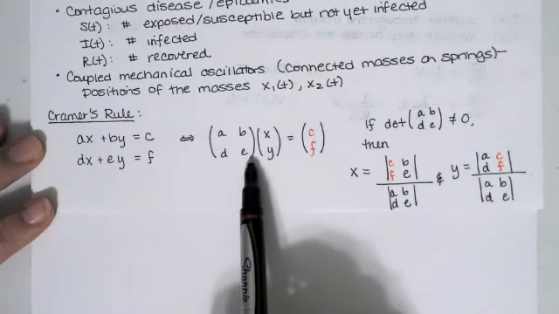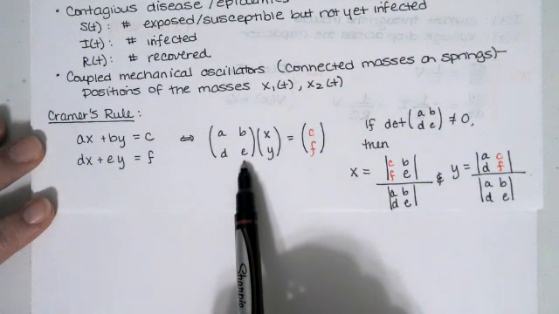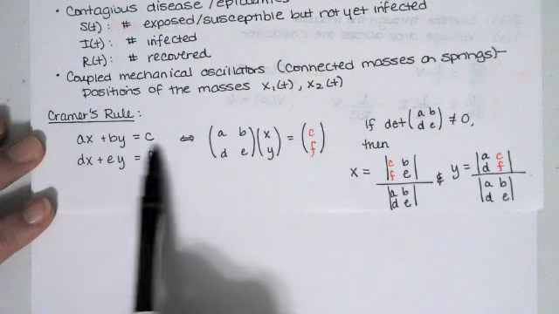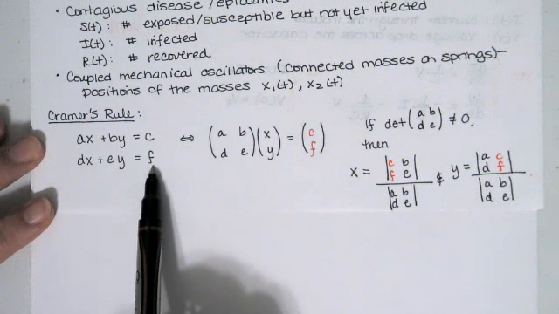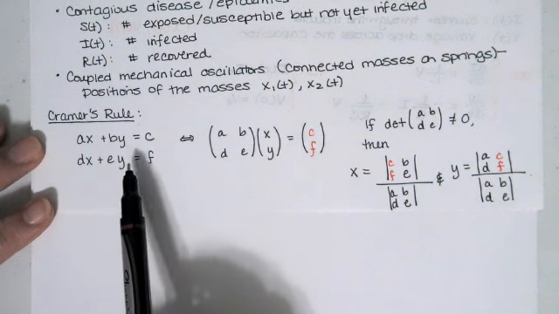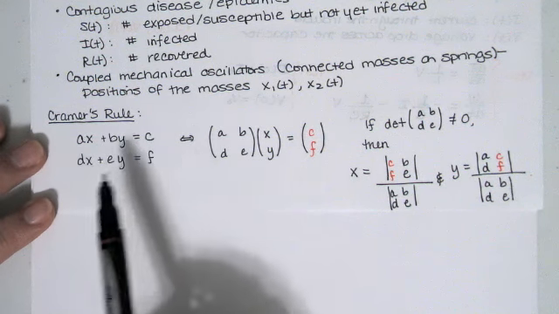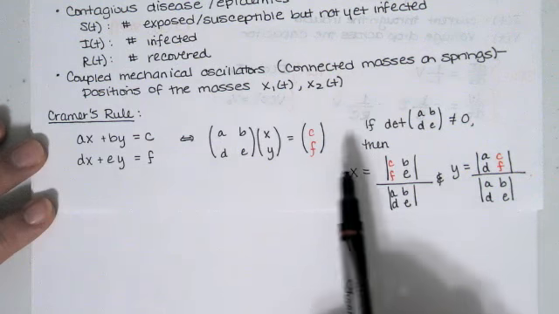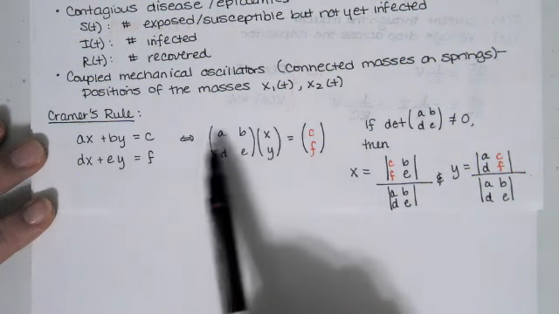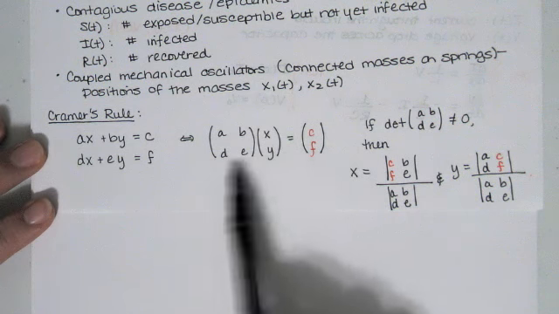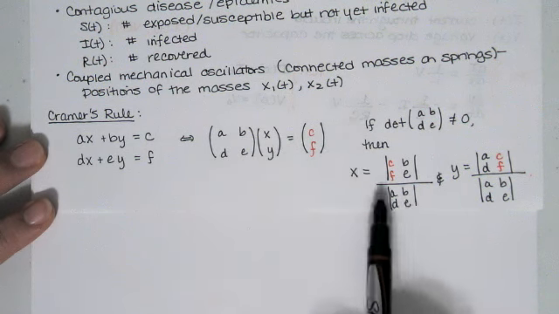If that determinant, the determinant of this matrix, is not equal to 0, which just means that this system of equations is consistent and it only has one solution rather than having infinitely many solutions or no solutions, then the x value that satisfies this linear system of equations is given by this.